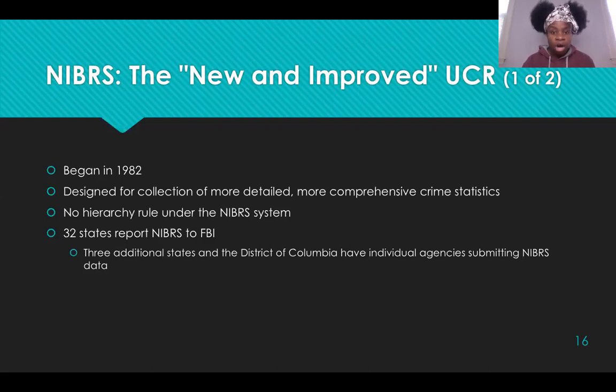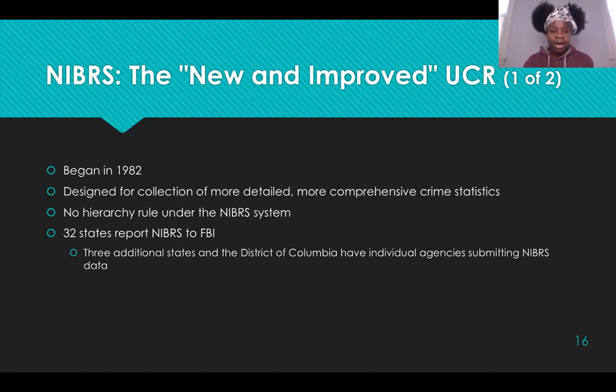And the NIBRS is the most ambitious with it today, okay? It was designed to collect more detailed and comprehensive crime statistics than the UCR. Eventually, the NIBRS is supposed to replace the Uniform Crime Reporting System.